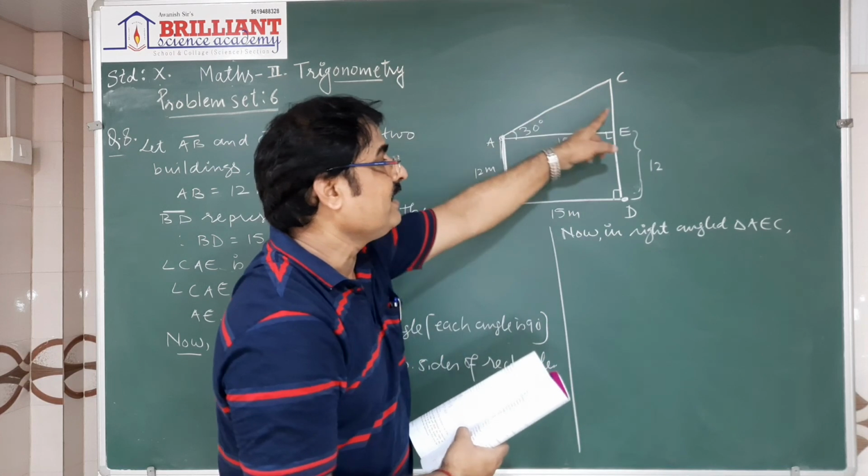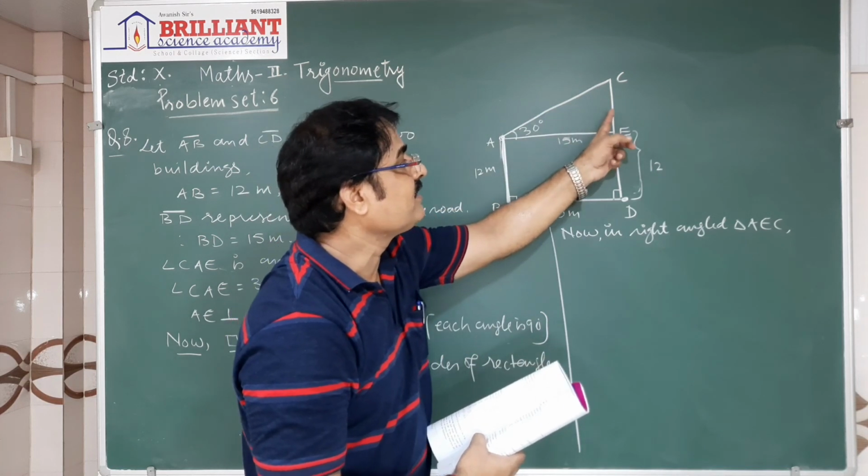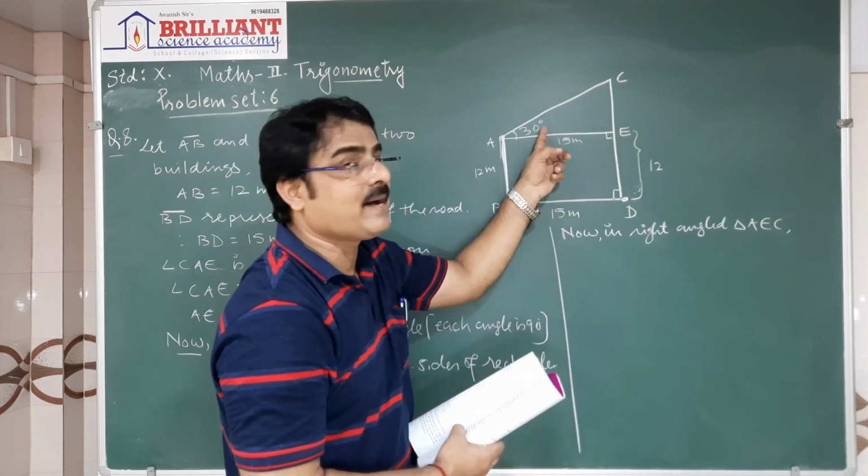CE. You see in this diagram, CE is the opposite side of 30 degree.